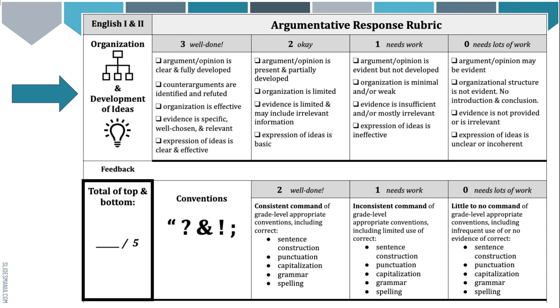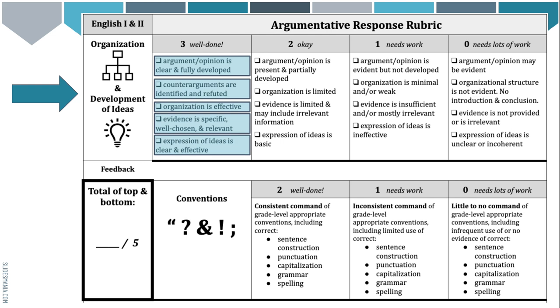To be awarded 3 full points, effective essays have a clear and well-developed argument, a counterargument or arguments that are identified and refuted, effective organization, specific, well-chosen, and relevant evidence, and clear and effective expression of ideas.